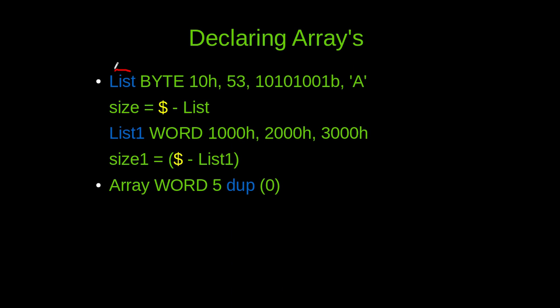I can say list, the name of the array, byte, the data type, and I have 1, 2, 3, 4. This is 0, this is 1, this is 2, and this is 3. I have 4 elements. Here in assembly, remember, you have more control.